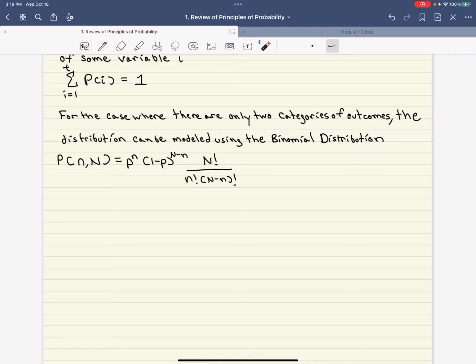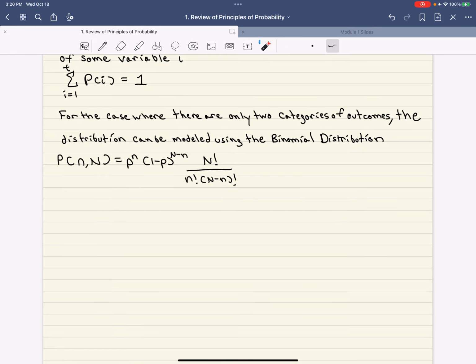We're raising this one to the power of n, because that's the number of outcomes for this, and N minus n is the number of outcomes for the other category. And then here, this is the binomial coefficient, to make sure that we're not double counting our results. So this is what the result looks like.